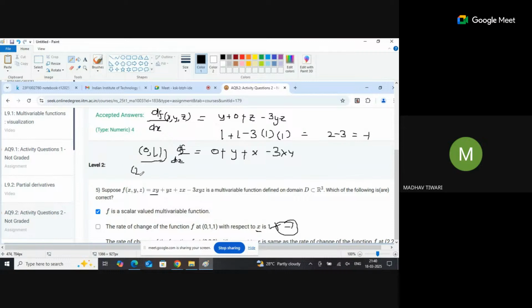I put the 2, 2, 2 values: 2 plus 2 minus 3 times 2 into 2, which is 4 minus 12, that is minus 8. And with x, if I put 2, 2, 2 here, it will be 2 plus 2 minus 3 times 2 into 2. That is also minus 8. Both are the same, so this third option is correct.